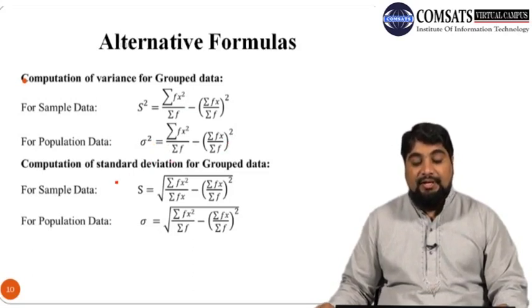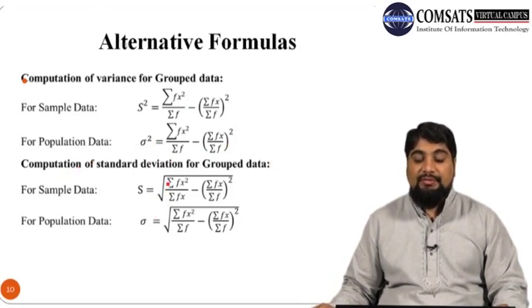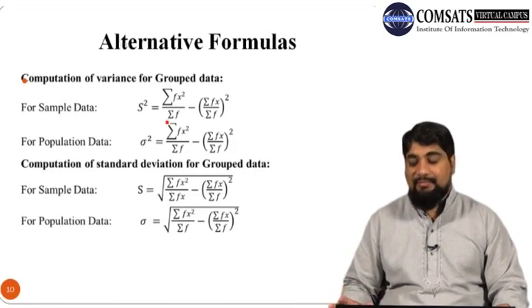And similarly, the formula for the standard deviation can be obtained by taking the positive square root of the formula of the variance. So these are the alternative formulas. We can use either version in order to calculate variance and the standard deviation.